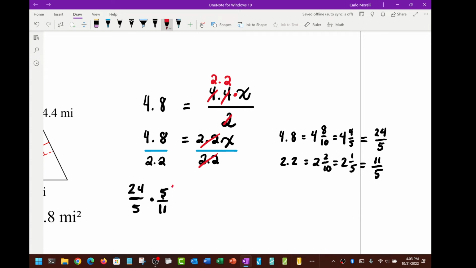And that gives me the opportunity to cancel out those 5s. And so I'm left with 24/11 equals x. So we're going to have to divide 24 by 11.